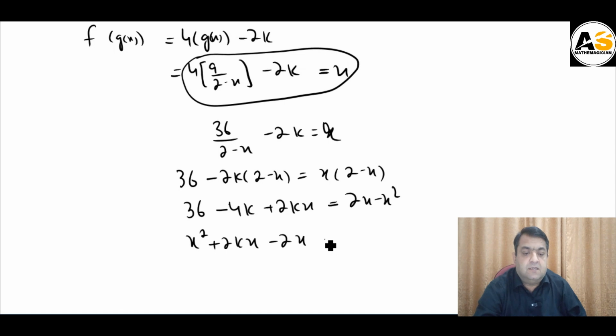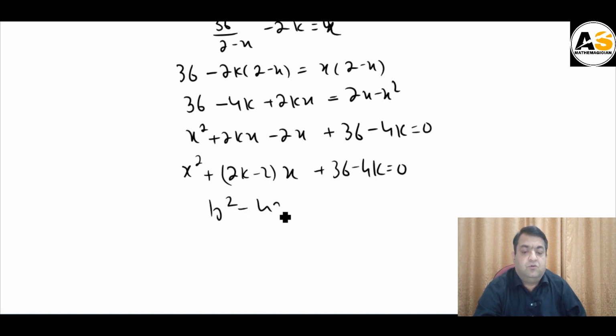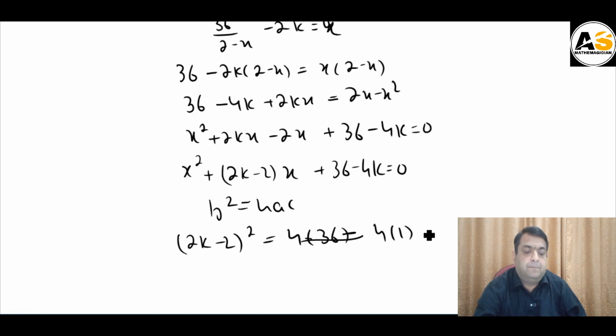Further simplifying, I will get x square plus 2k minus 2 into x plus 36 minus 4k is equal to 0. For this equation to have equal roots, b square is equal to 4ac, so 2k minus 2 whole square is equal to 4 into a into c. Now I am further simplifying it.